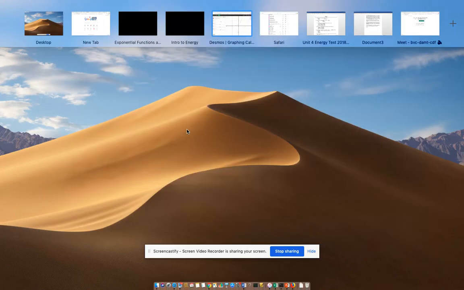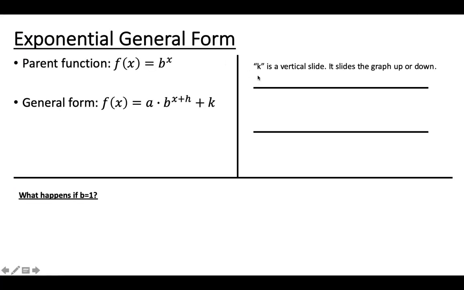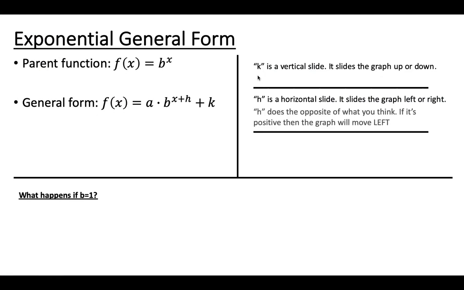We can go back to our notes here. So h is a horizontal slide. It slides the graph left or right. And h does the opposite of what you think. If it's positive, then the graph will go left. It's kind of weird. And, of course, if you make h negative, then it's going to go to the right. But we saw it for ourselves, and so we know what's going to happen.